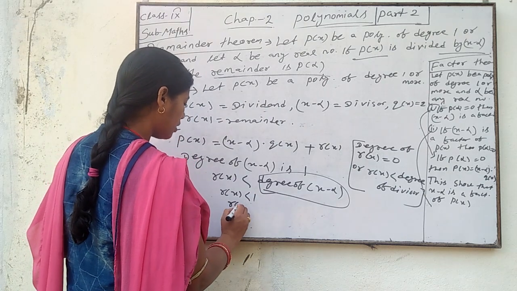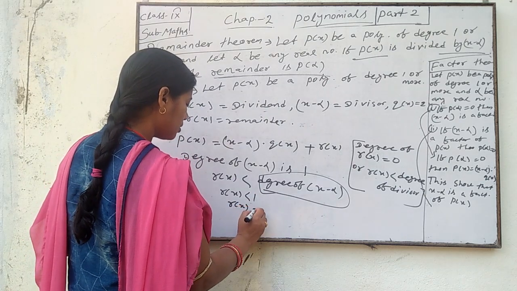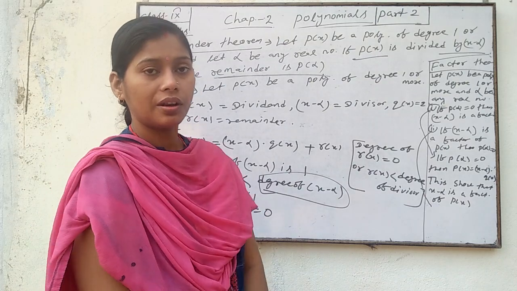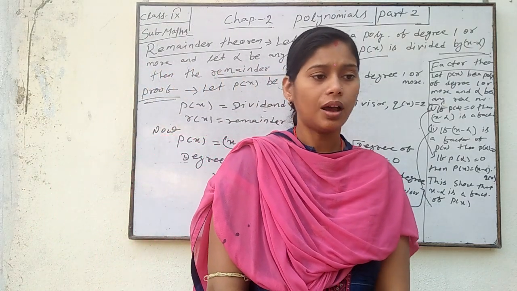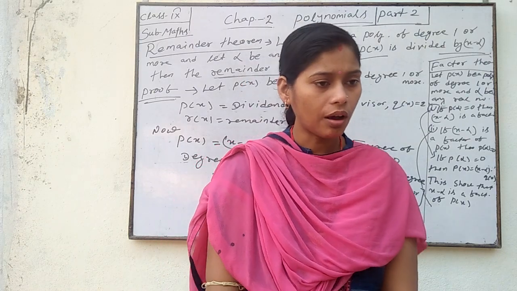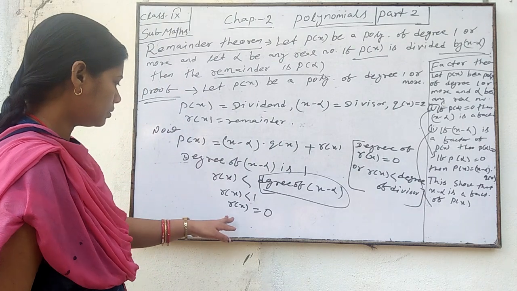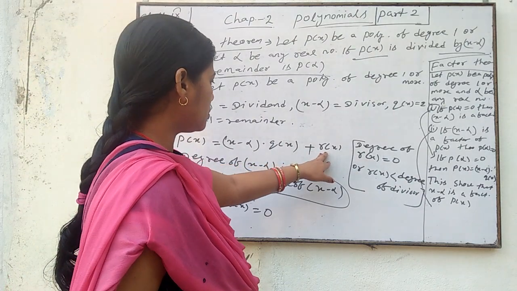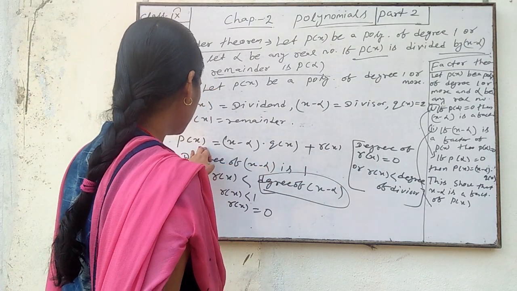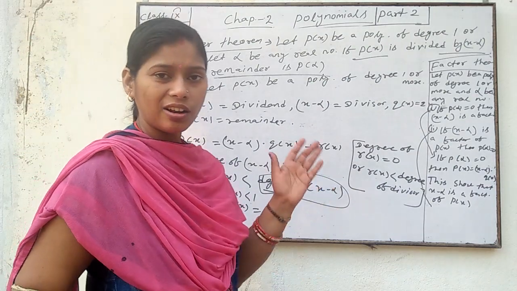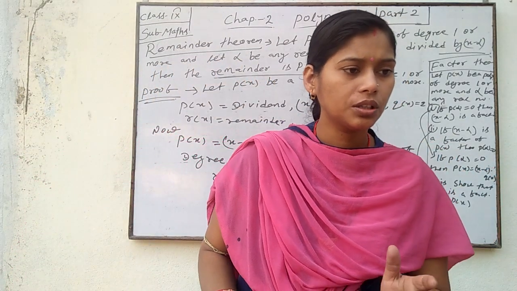It means r of x is equal to 0, that is, a constant. Now putting r of x as a constant, what is left?